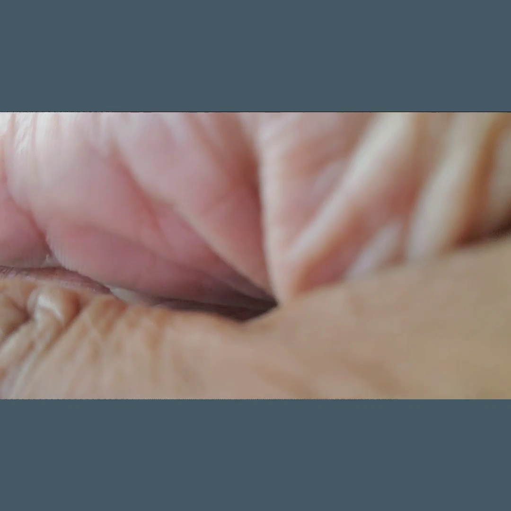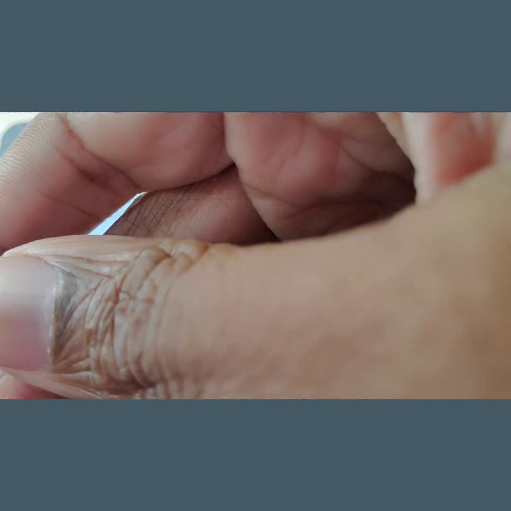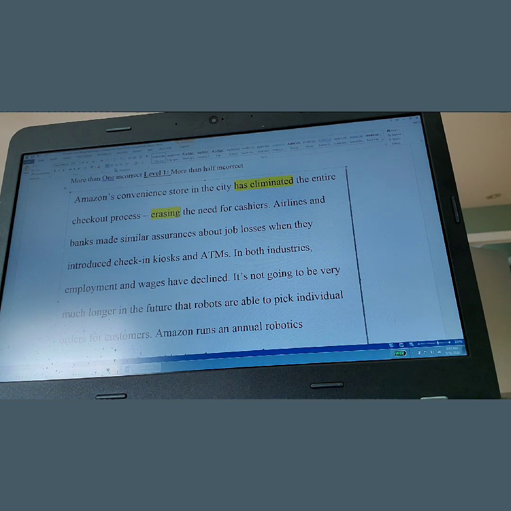And again, I'm going to try to do this quickly. So has eliminated is our first verb phrase. And then erasing is the next verb phrase. And then the next sentence says, airlines and banks made similar assurances about job losses when they introduced check-in kiosks and ATMs, right?